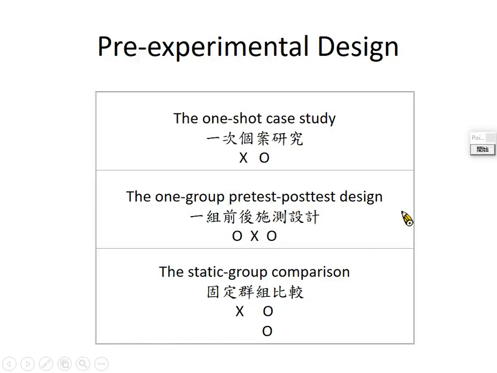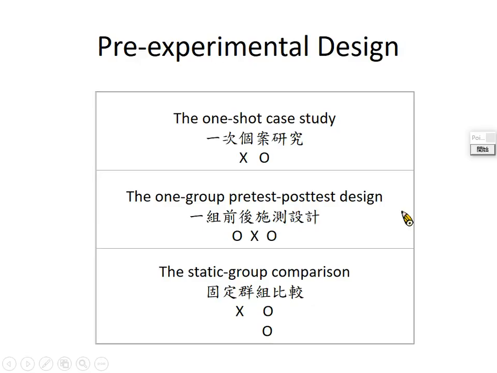X refers to treatment. Something happened, or some test, or some input to assess. For example, I want to understand the effectiveness of a new way of teaching research methodology, right? In this case, my new way of teaching research methodology is the treatment, X.